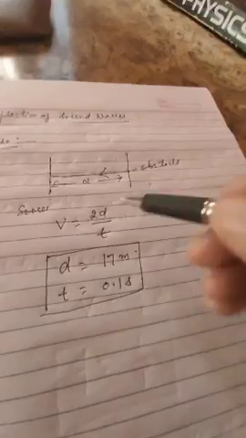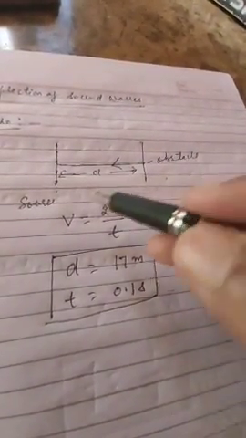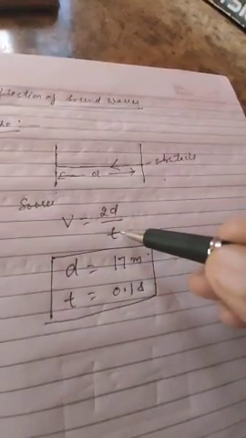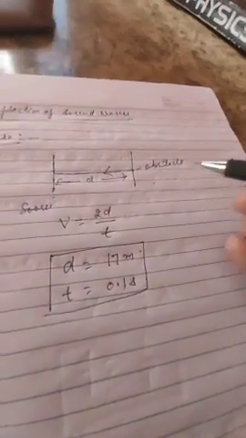So in order to solve numerical problems related to echo, we have to apply this relation: V is equal to 2d upon t.